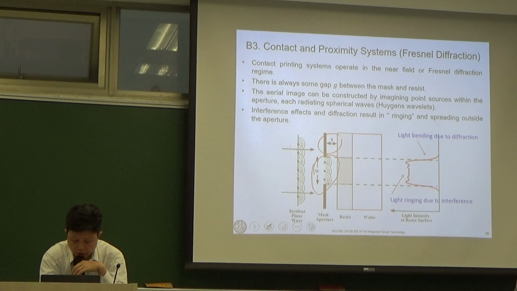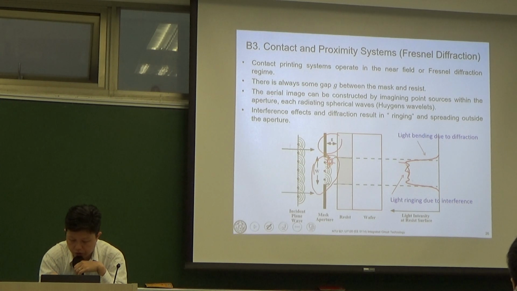There is still interference after the light passes through this distance G. This interference will create this ringing because of the intensity difference; constructive or destructive interference will happen.